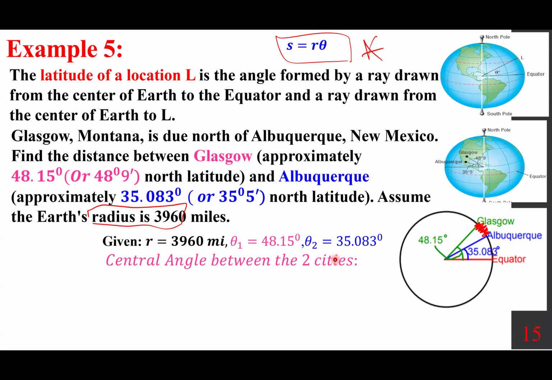Later on, you change it to radians. So the central angle between the two cities would be the difference between the two angles. 48.15 minus 35.083, you get 13.067 degrees.